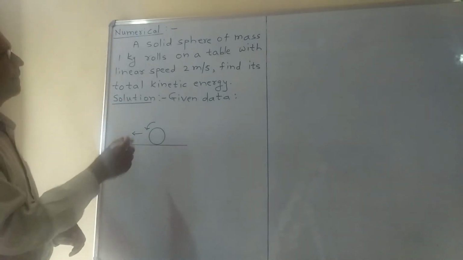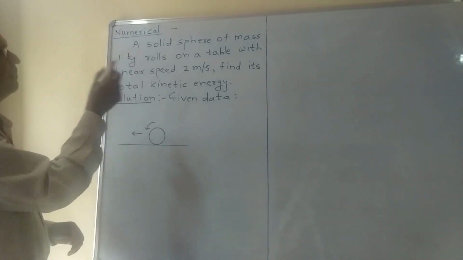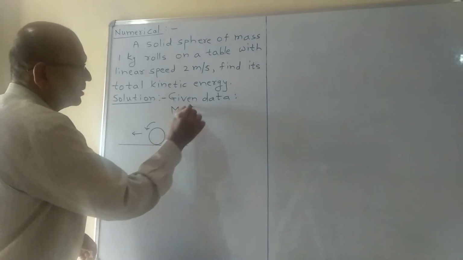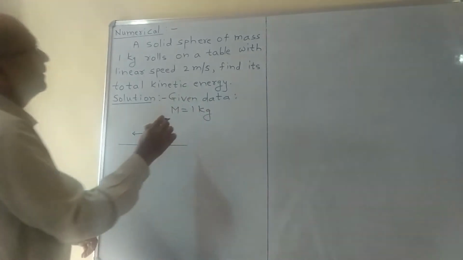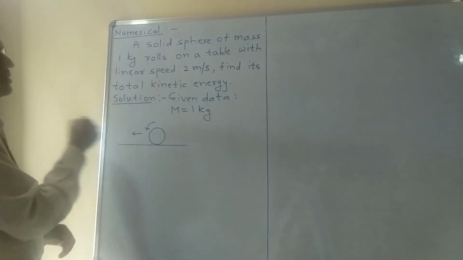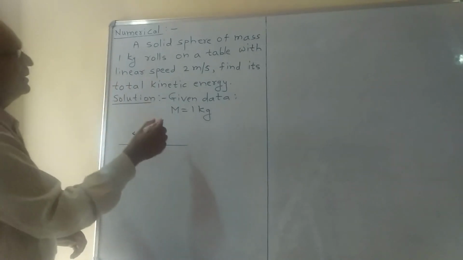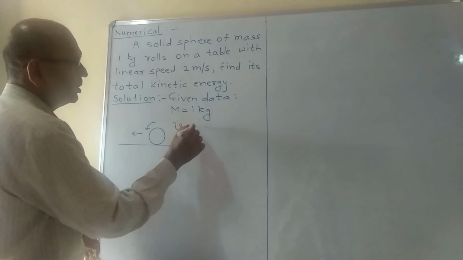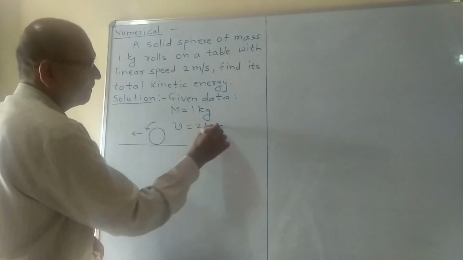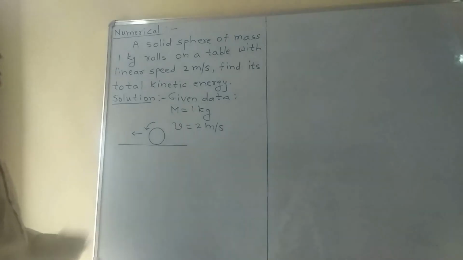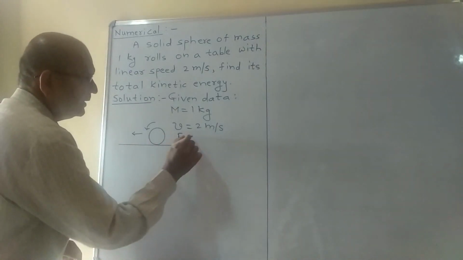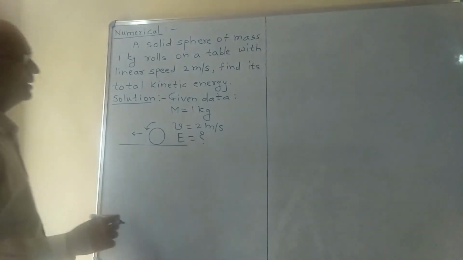Given data: a solid sphere of mass 1 kilogram, that is m equals 1 kilogram, rolls on a table with linear speed 2 meter per second, that is v equals 2 meter per second. Find its total kinetic energy, that is capital E, is to be calculated.